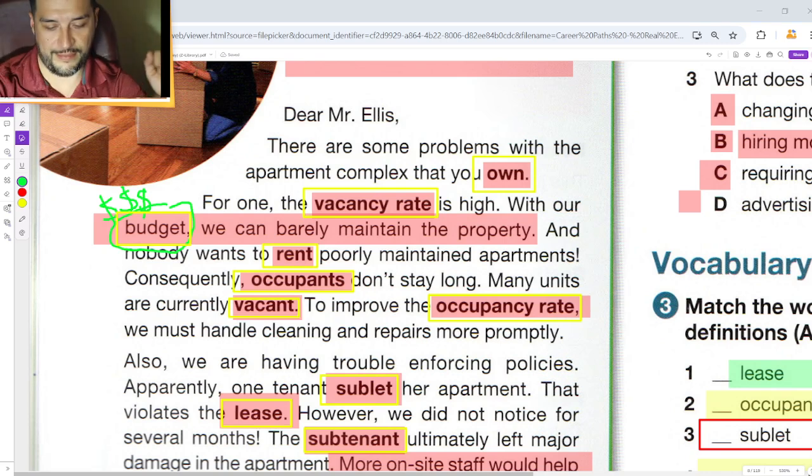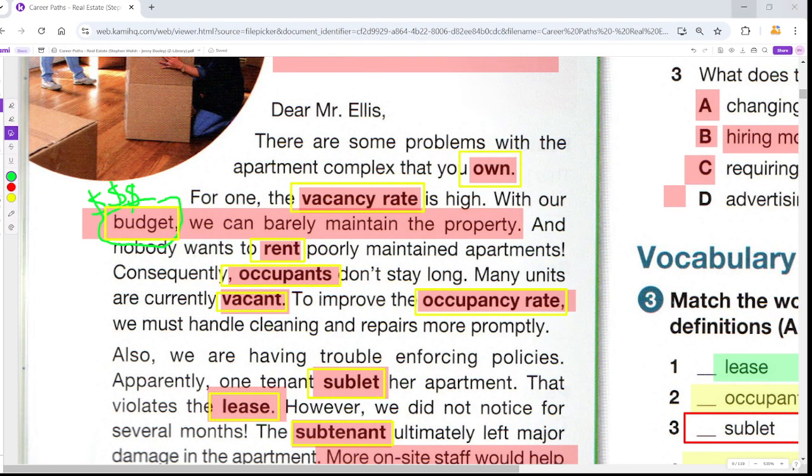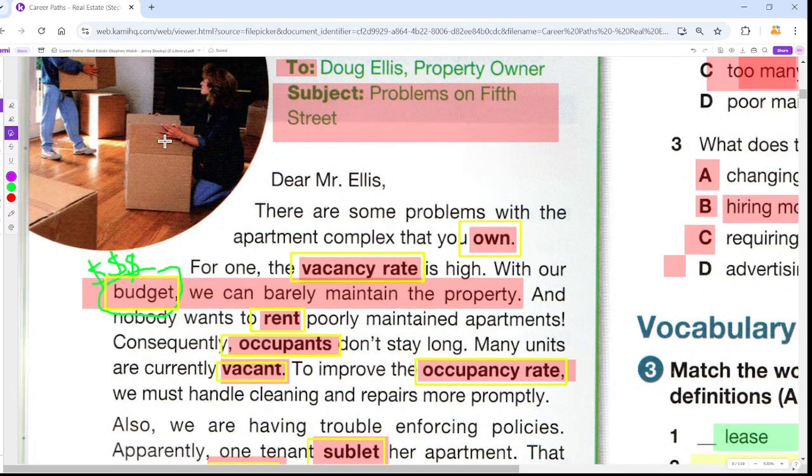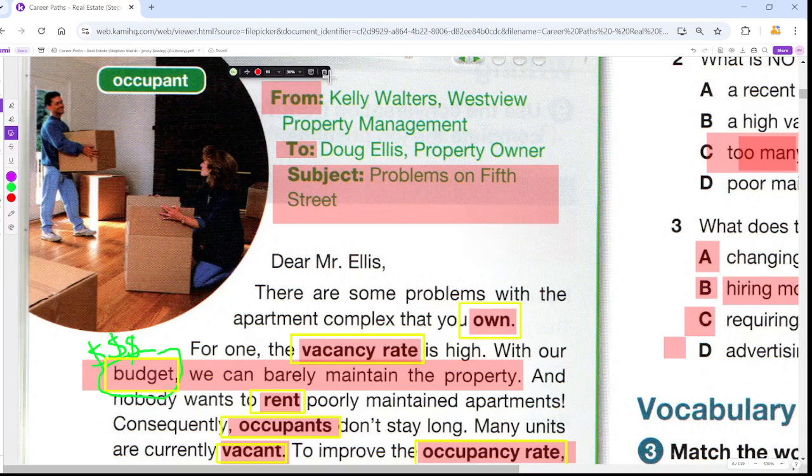Unit 3, Occupancy. Exercise 5, page 9. From Kelly Walters, Westview Property Management. To Doug Ellis, property owner.